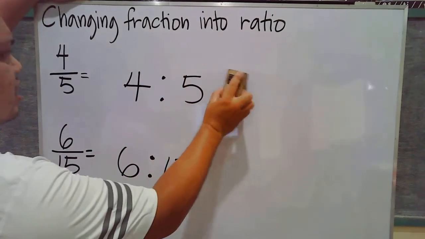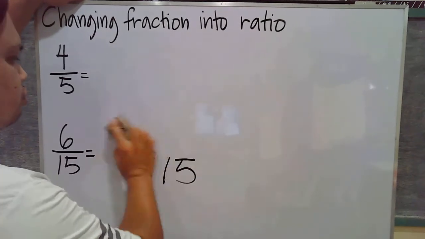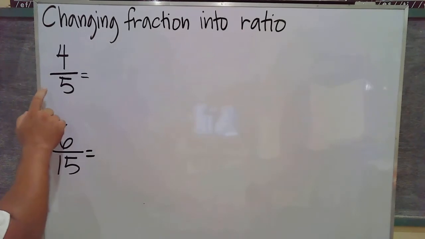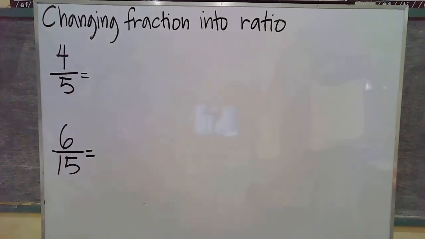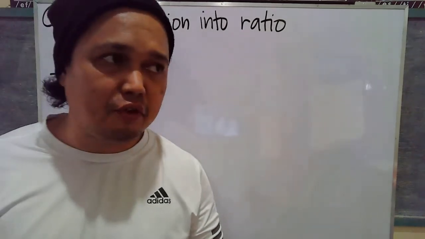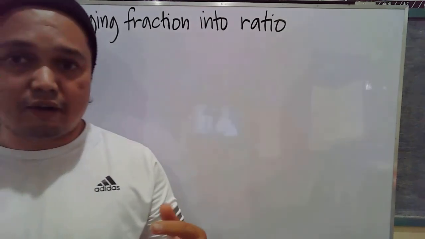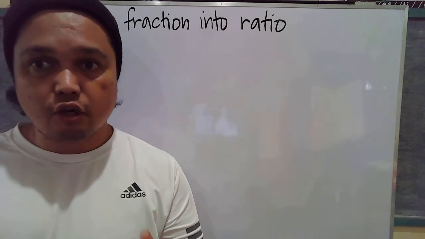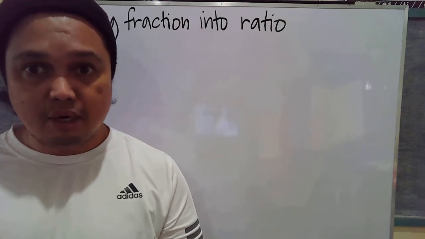Now before proceeding, how about if we are going to change this fraction into a decimal number? In our previous lesson about fractions, we already discussed changing a fraction into a decimal number. How?